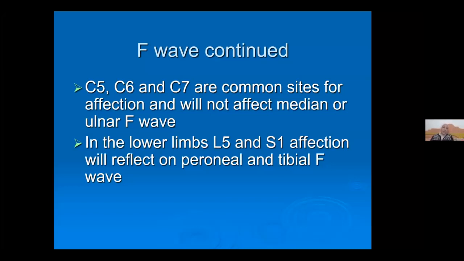This is not the case in the lower limbs, where the affection is commonly encountered at L5 and S1, so the peroneal and tibial F wave will be either prolonged or absent, or I will compare both sides and find an abnormality in the affected side, so it will be of great value in the lower limbs.